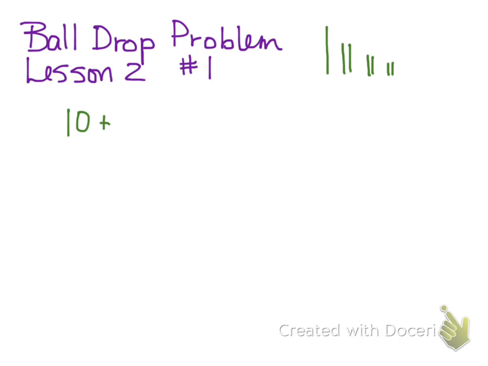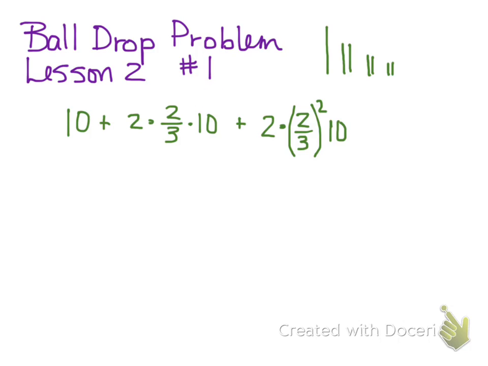So we've got the initial 10 feet, that drop, and then we're going to add to that this distance here, and so that looks like that. So it's 2 for the up and down times 2/3 of 10, okay? And then the next term we add is plus 2 times 2/3 times 2/3 of 10.